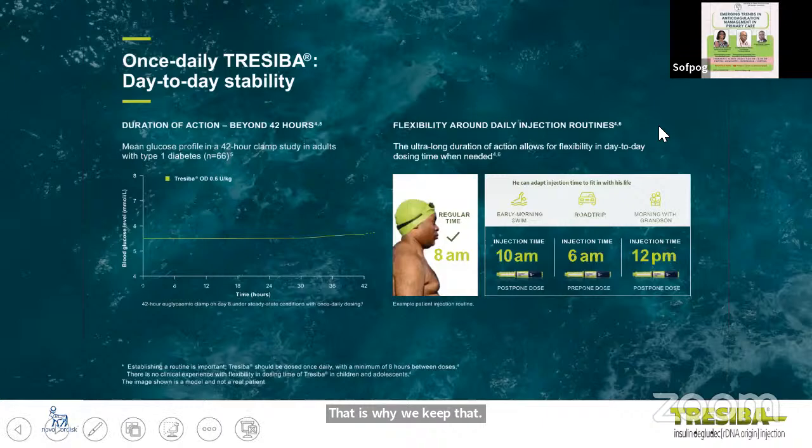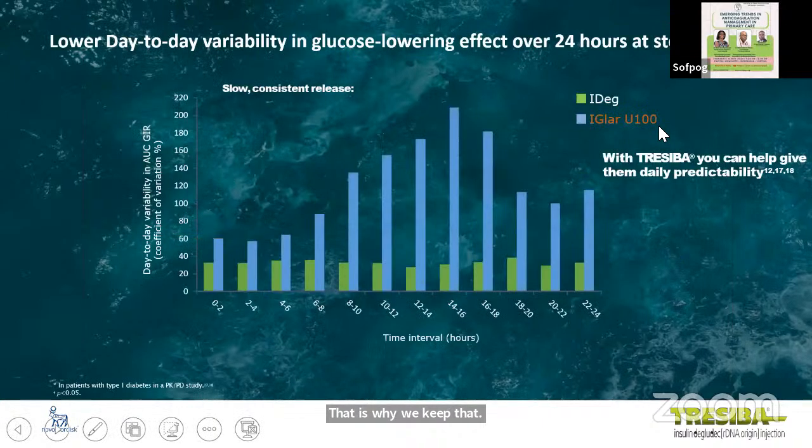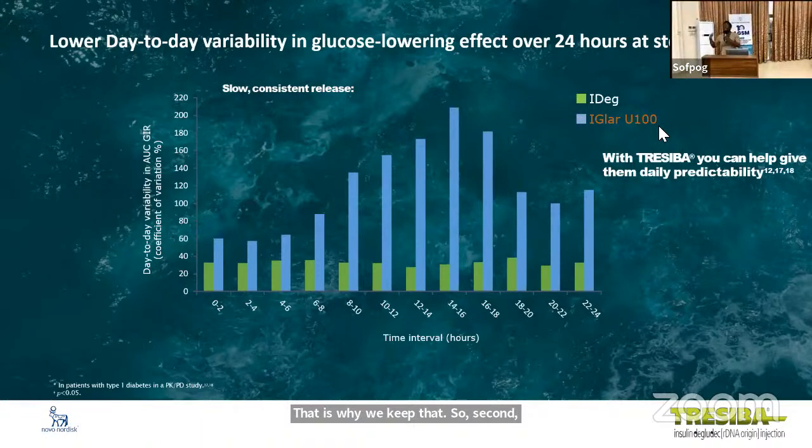So the second benefit is the day-to-day variability. This head-to-head study was conducted comparing it to a comparator that has been in the market for a while. It was to see how variable the readings would be throughout the whole week, between 0 and 24 hours.